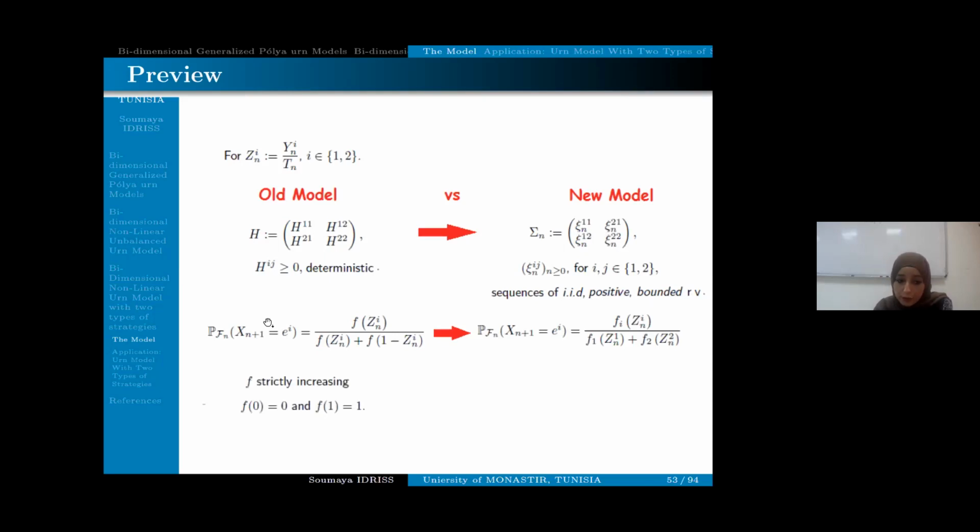In the first model, f is strictly increasing and equals 0 on 0, equals 1 on 1. But in the second model, we are going to lessen these conditions to make both functions f1, f2 move freely on the closed set [0, 1].